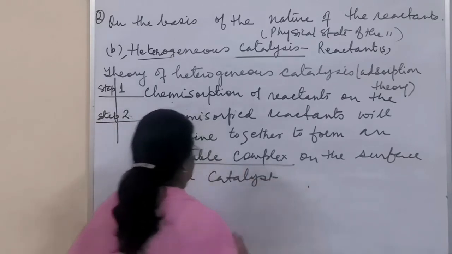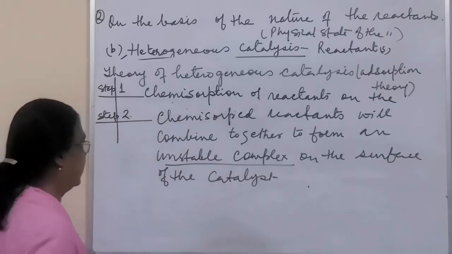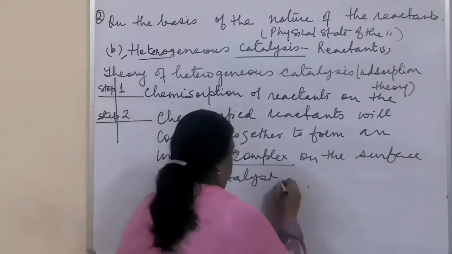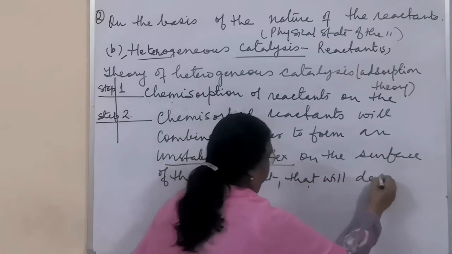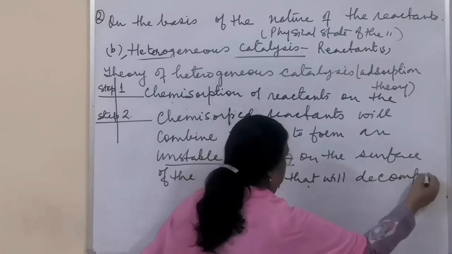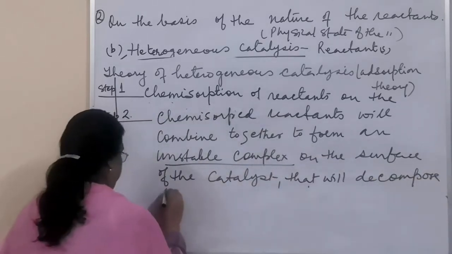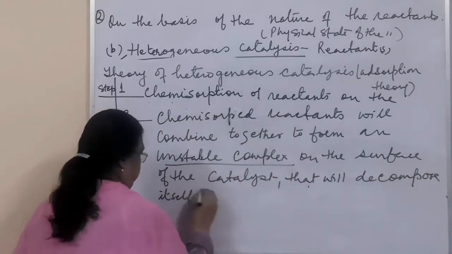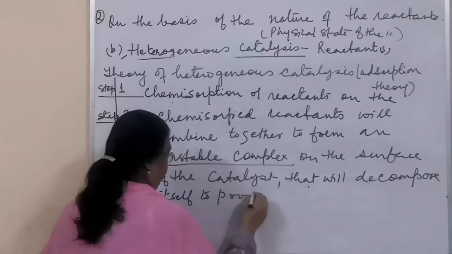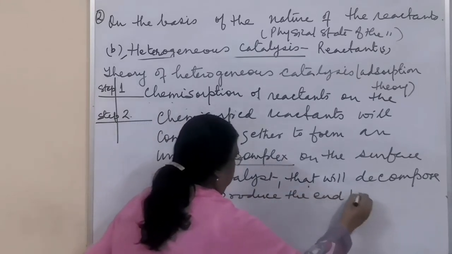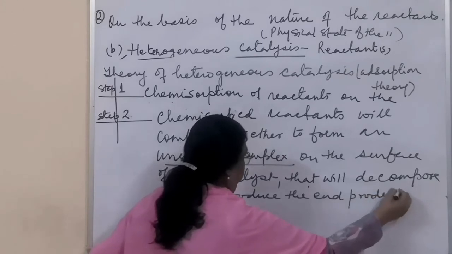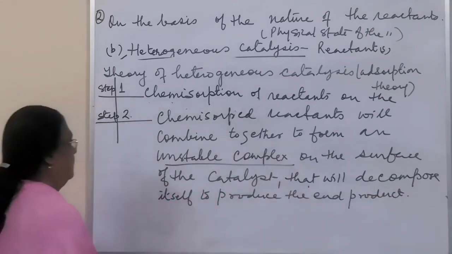Unstable means it will decompose itself to produce the end product, and the catalyst will be freed and regenerated.